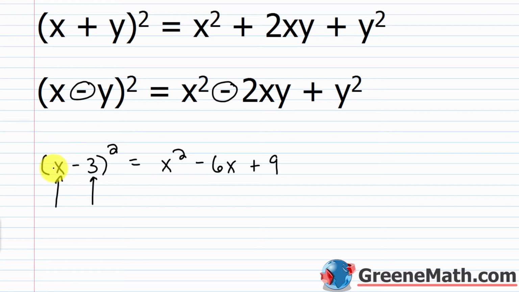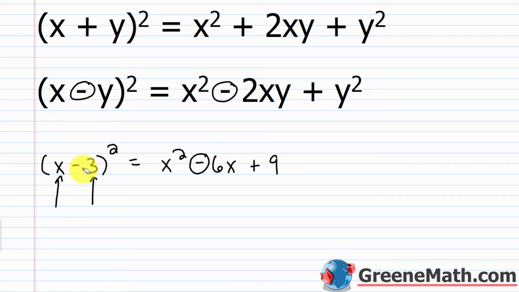So whatever's in this position is here squared. Whatever's in this position and this position, don't worry about the sign. It's going to be 2 times this times this. The sign comes into play here. Okay, so if this is a negative, you put a negative there. If it's a positive, you put a positive there, right? If this was a plus, I would just put a plus there.